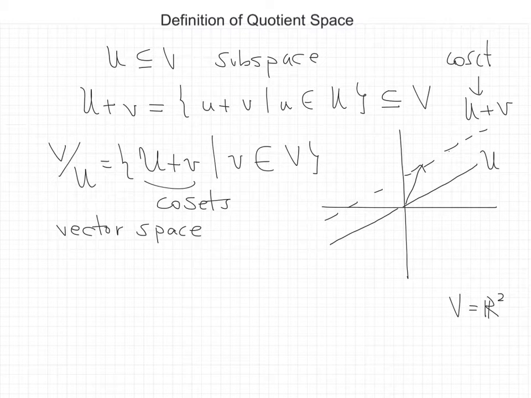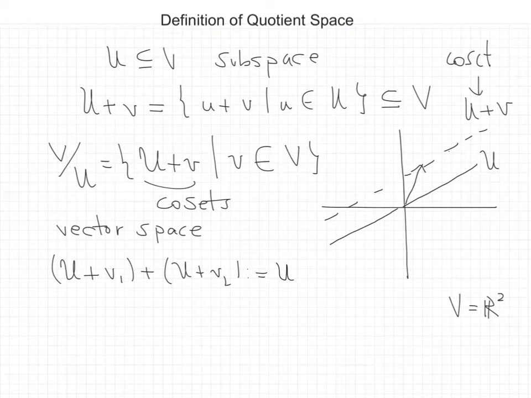So we can make this set become a vector space, using addition and multiplication by scalars in the vector space V. So if you take U plus v1 and U plus v2, you have to have in mind that each time this is just one element now in V by U. This is a vector in V by U, and this is the second vector in V by U. And now I define their sum to be: I take the sum of the two vectors in my vector space, and then I add that to U. And this becomes a new coset.